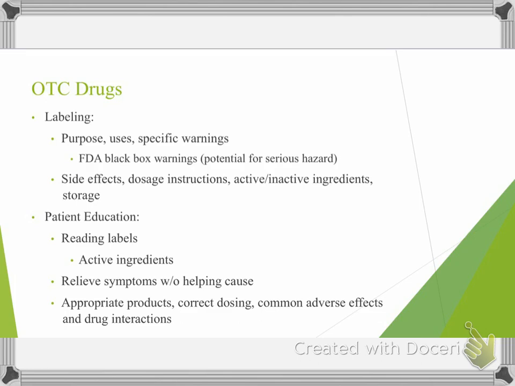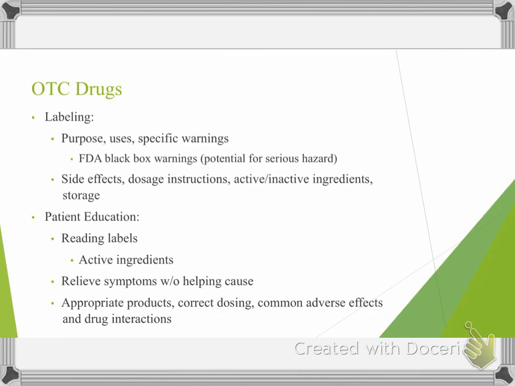When you have a urinary tract infection, it stings and burns really bad to pee. So you can take Pyridium and it will stop that burning and stinging, but it doesn't do anything to help your UTI. And if you don't treat a UTI, then it can cause kidney damage, and you don't want that to happen. So sometimes over-the-counter drugs can cause problems because they can mask bigger issues.